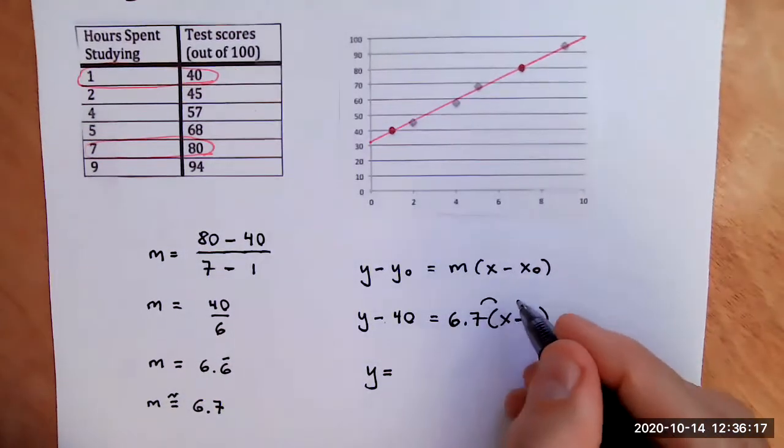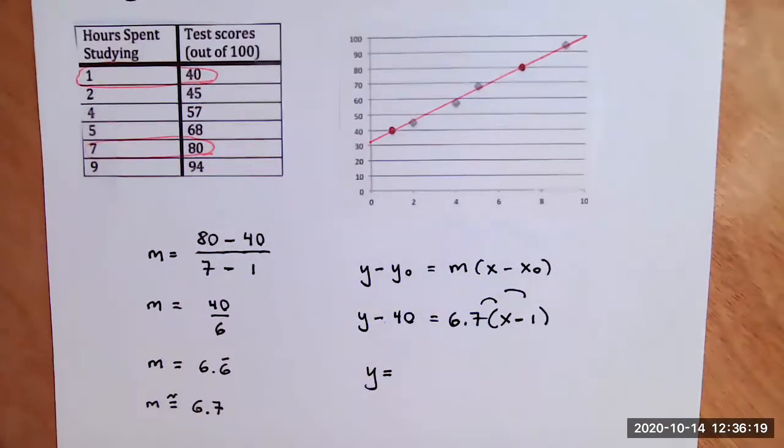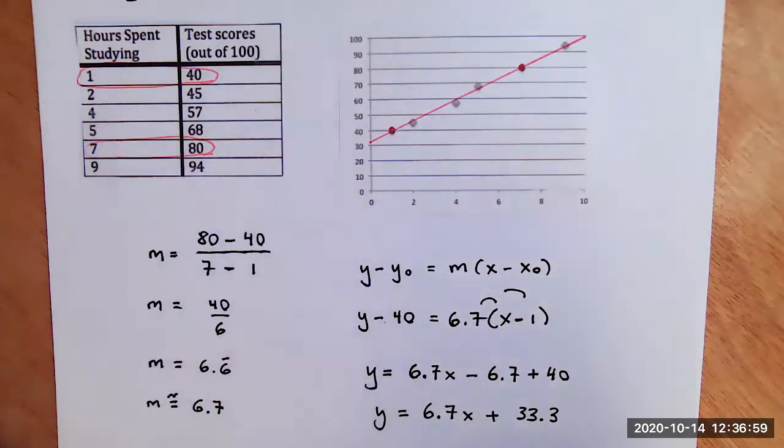And we distribute. So the equation of the line is y equals 6.7x plus 33.3.